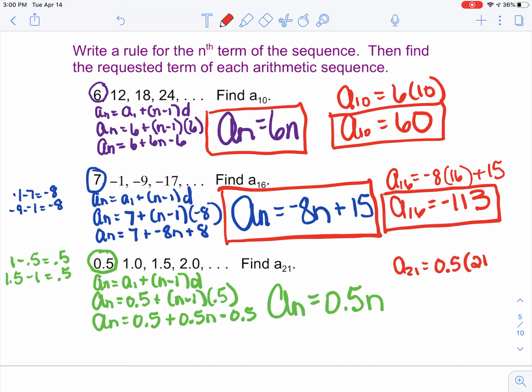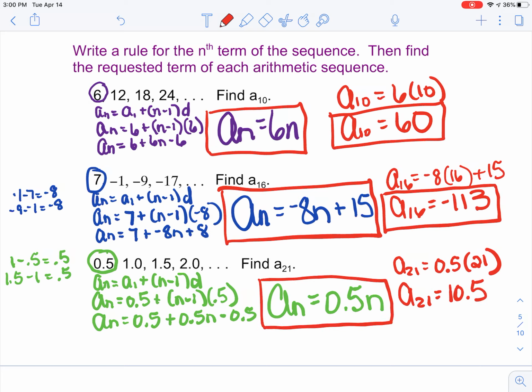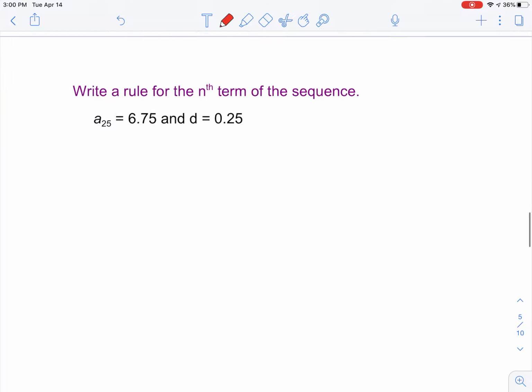A sub 21 equals 0.5 times 21. A sub 21 turns out to be 10.5. So A sub n equals 0.5 times n is my rule, and my 21st term of that sequence is 10.5.